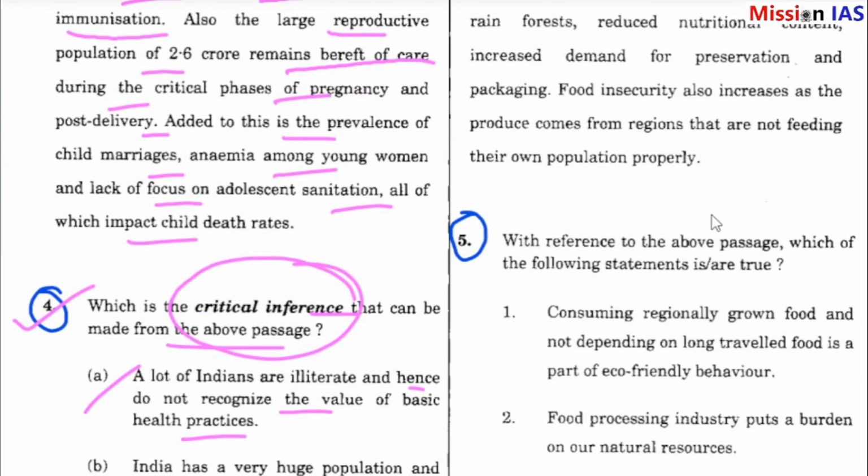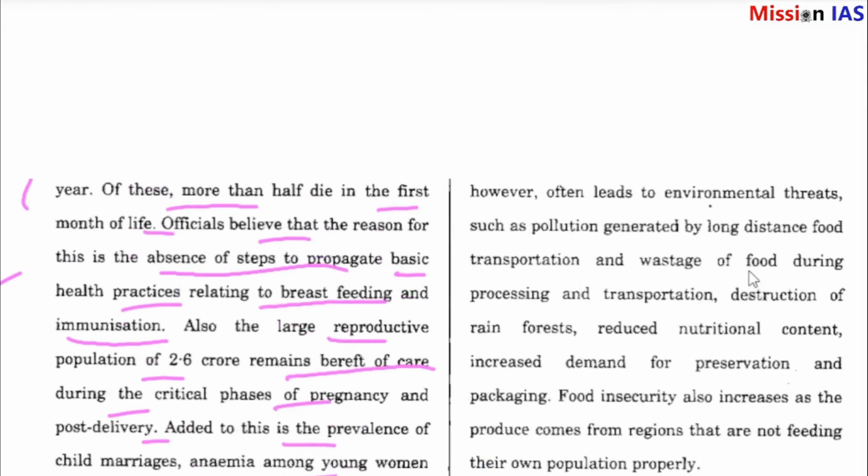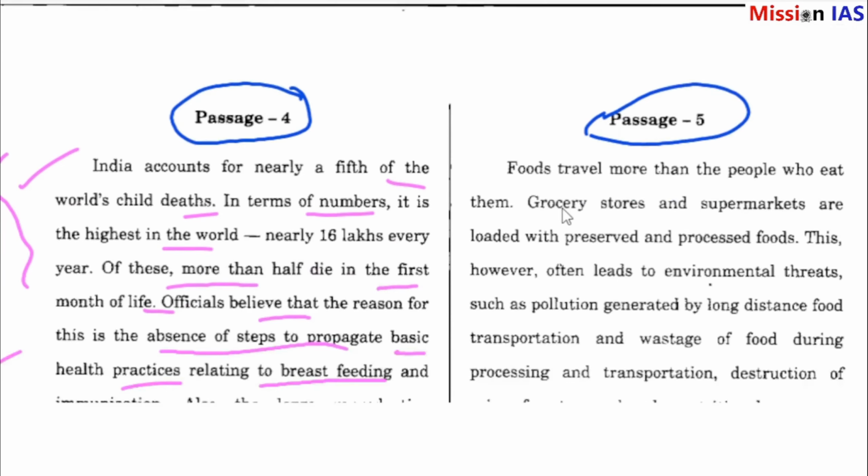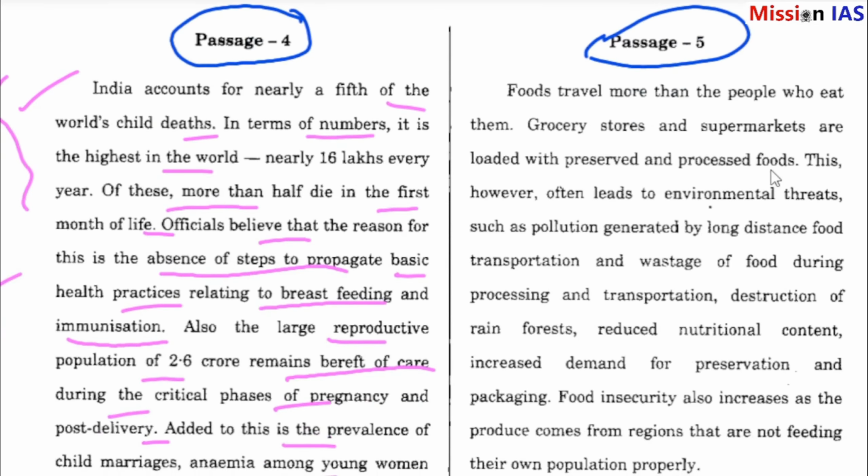Question number 5. With reference to the above passage, which of the following statements are true? We need to first read the passage very carefully. Foods travel more than the people who eat them. Grocery stores and supermarkets are loaded with preserved and processed food.